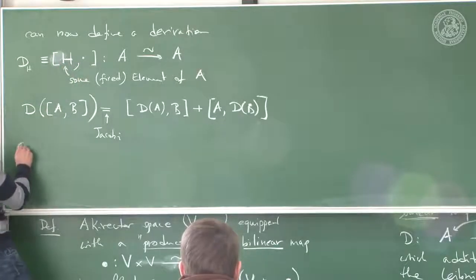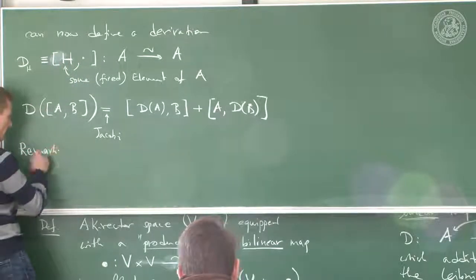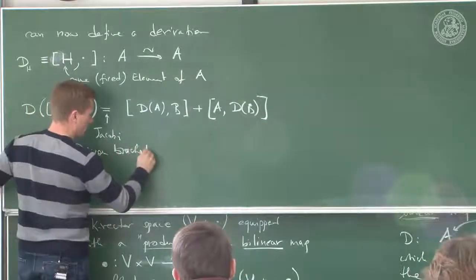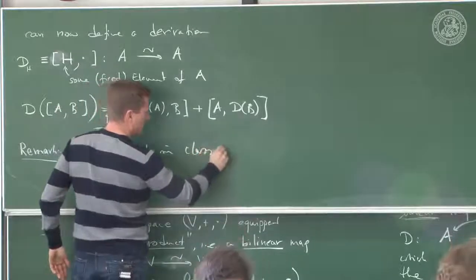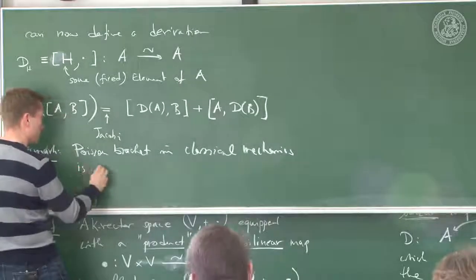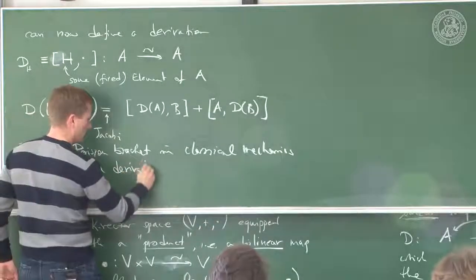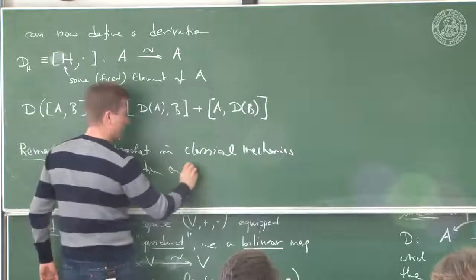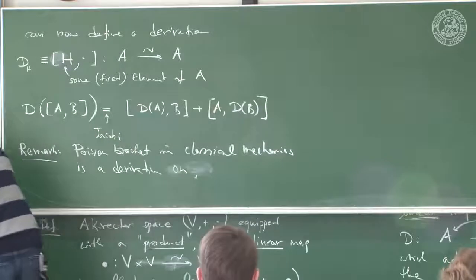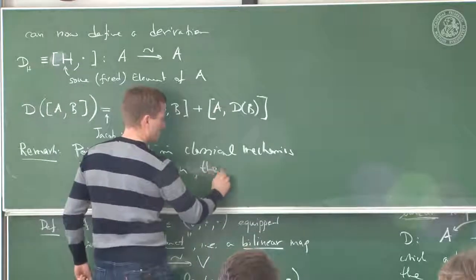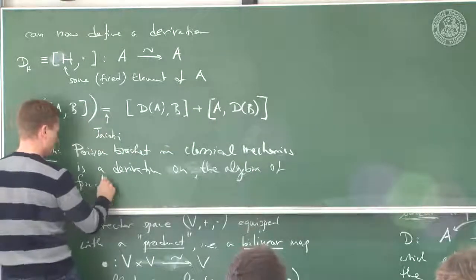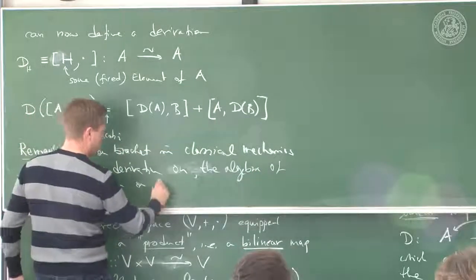Okay, so remark. The Poisson bracket in classical mechanics is a derivation on the algebra of functions on phase space.